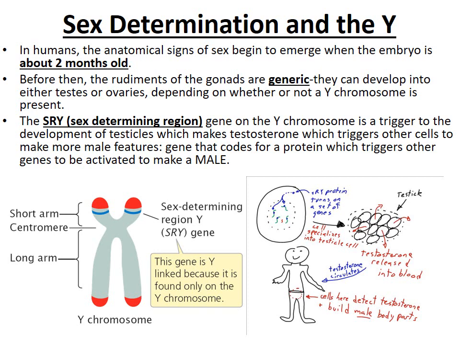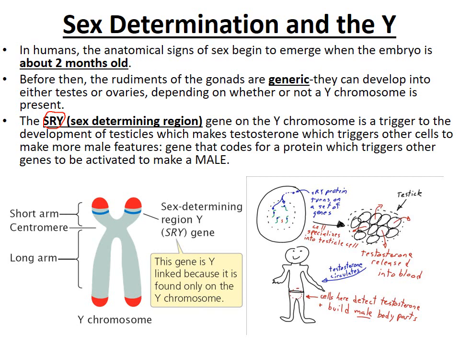So on the Y chromosome, there's a gene called the SRY gene, and it's that gene that triggers development of male characteristics. So usually what will happen is the baby will start to develop, and by default it will have characteristics that look more female.